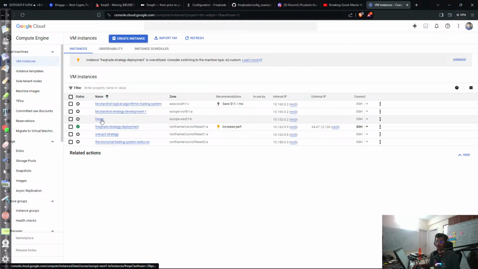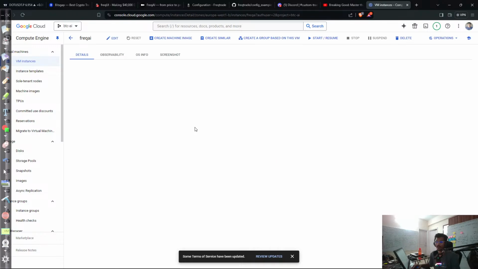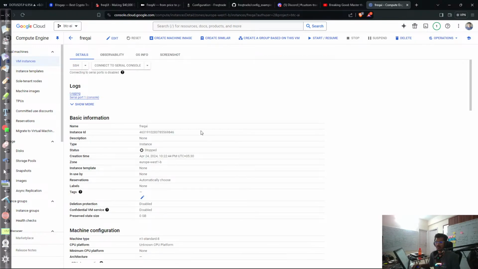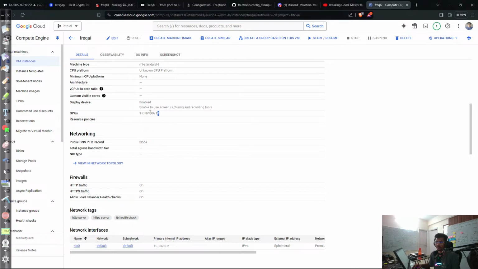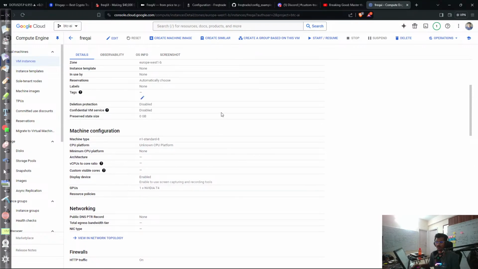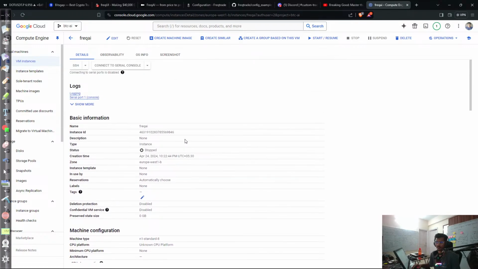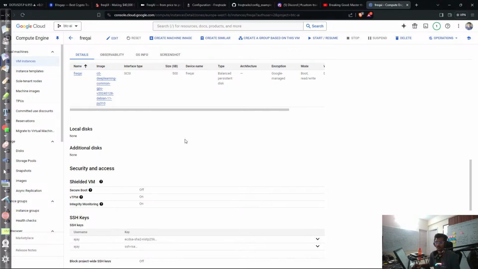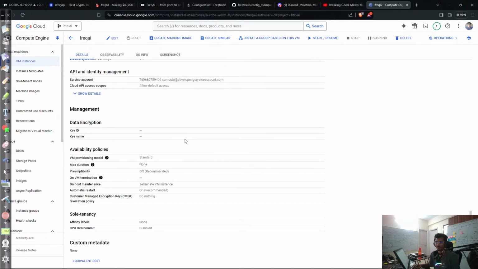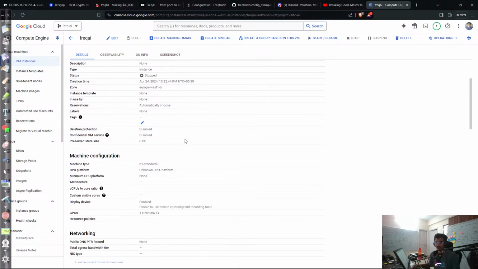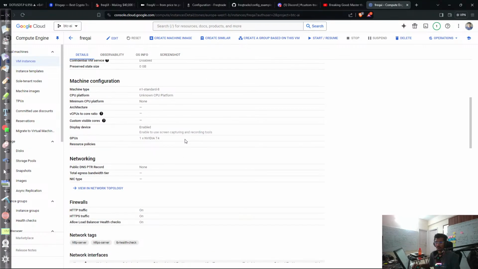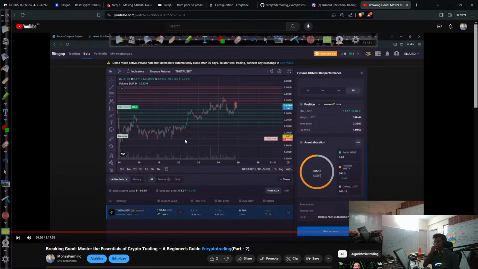So here we got an NVIDIA Tesla T4 with 16 gigs of GPU memory, and it's virtual. We're going to be doing that later on.